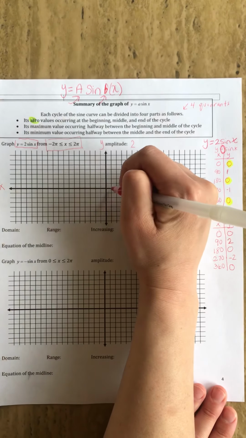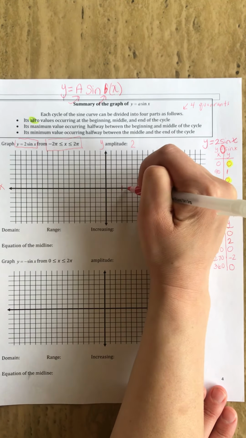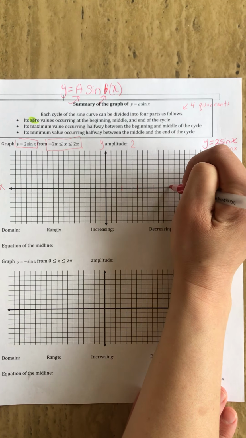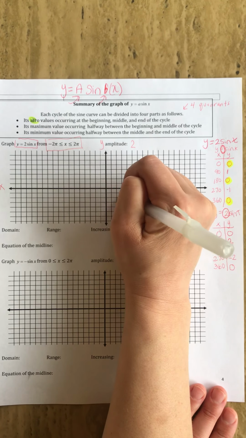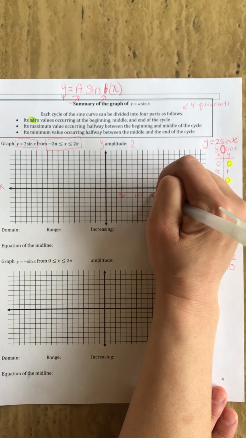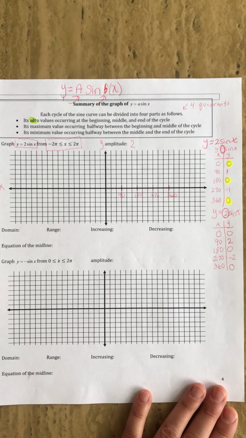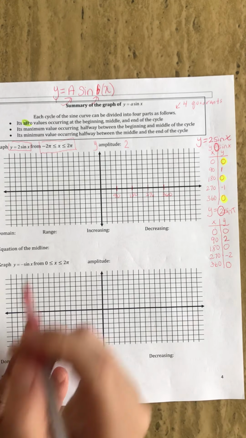All right, so you guys can go 1, 2, 3, mark it off, and repeat for each interval. So we have 90, 180, 270, 360, and that's in degrees. If you guys want to use radians, that's fine.